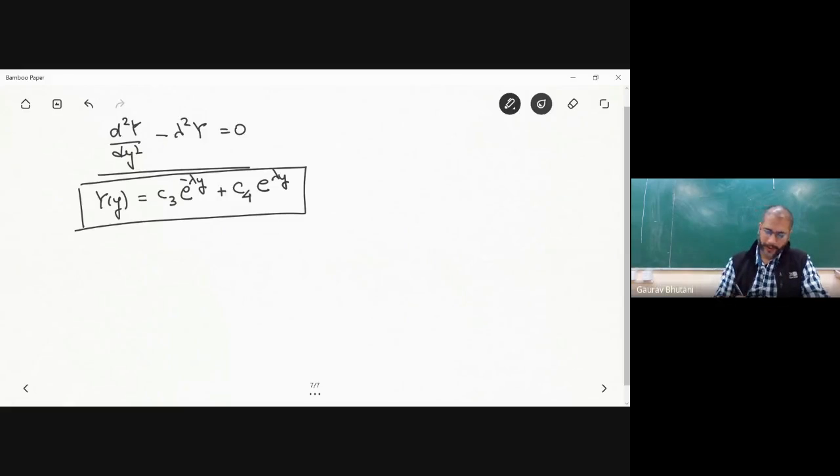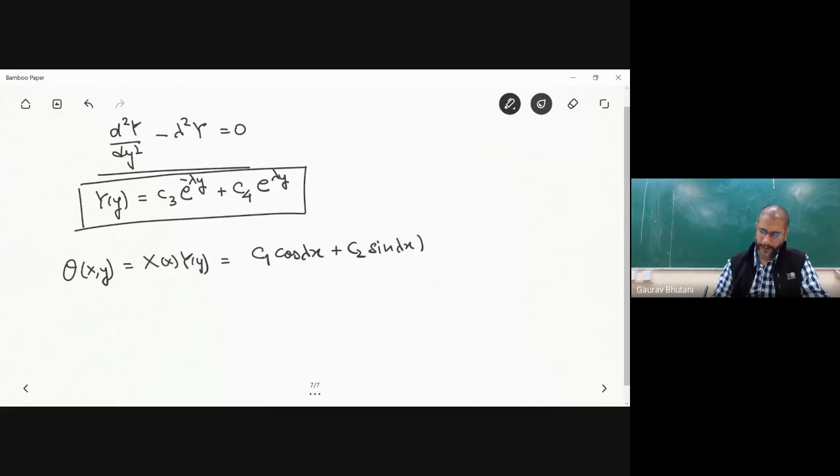So what you'll see is your theta, which is what you were solving for, and which was a product of X and Y, becomes C1 cos lambda x plus C2 sin lambda x, times C3 e to the power of minus lambda y plus C4 e to the power of lambda y.